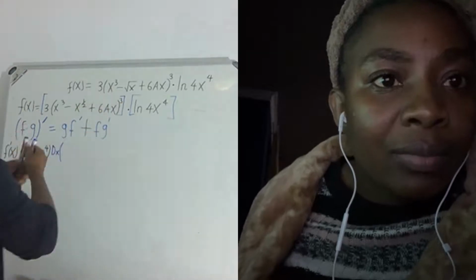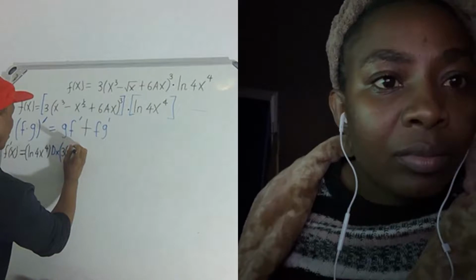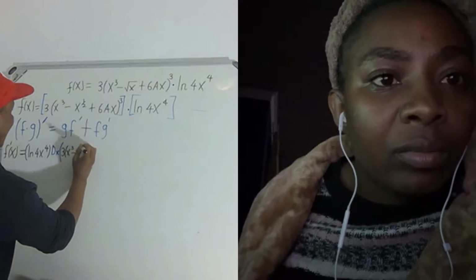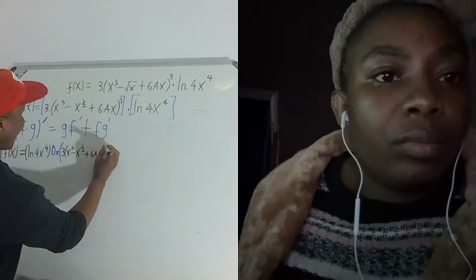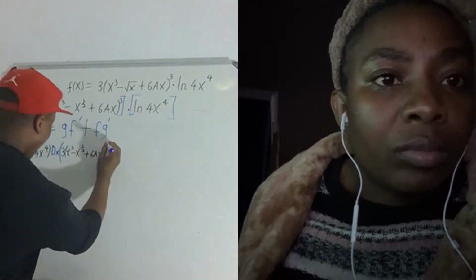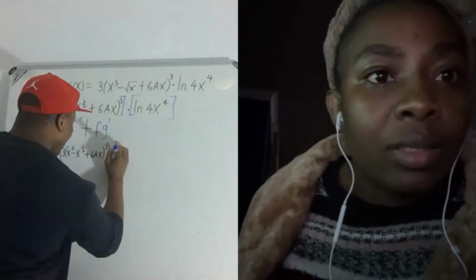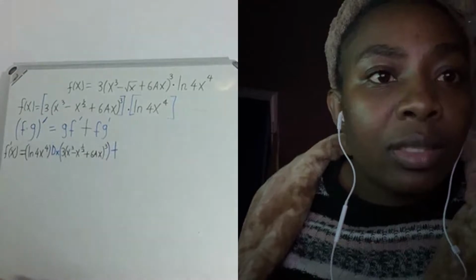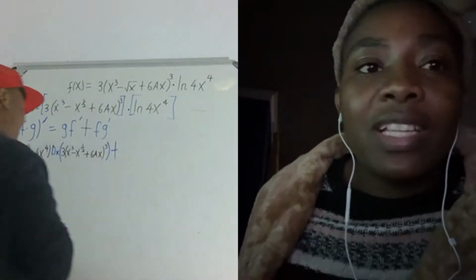All this stuff here. We differentiate what? 3x cubed minus x half plus 6a x cubed. And then plus, we keep the first one as it is, and then we differentiate the second.